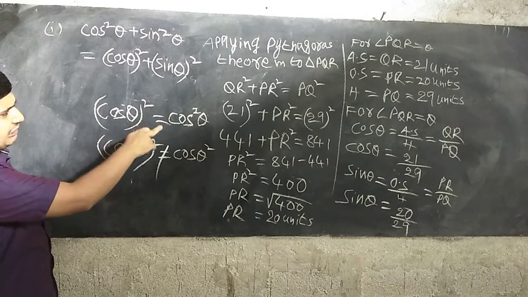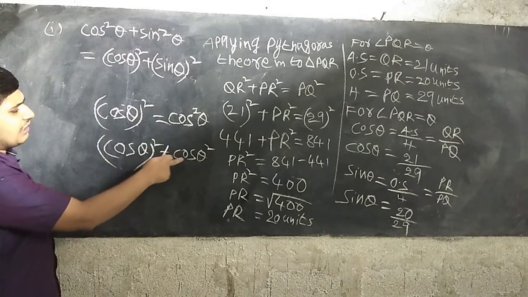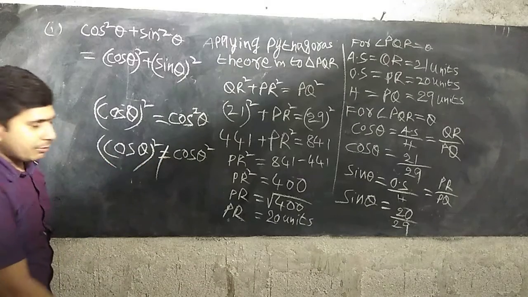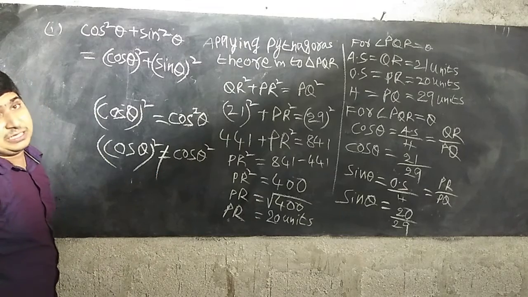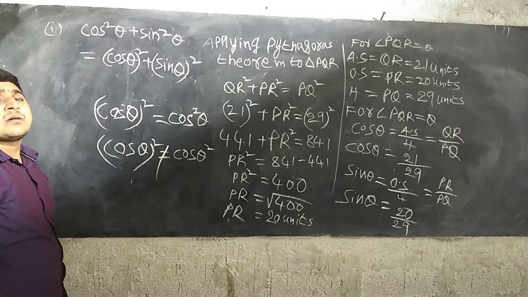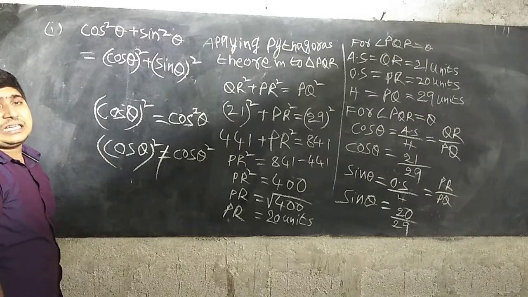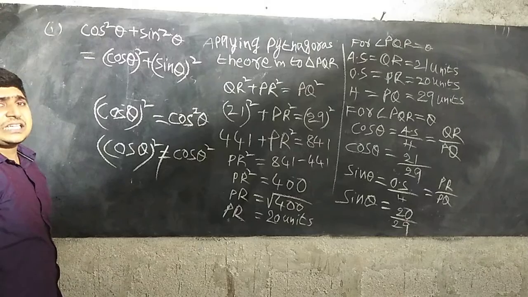Cos theta whole square equals cos square theta, but cos theta whole square is not equal to cos theta square. Why? Because theta is nothing but the angle measurement. Once the angle measurement is measured, it is always fixed. It can't change its value.